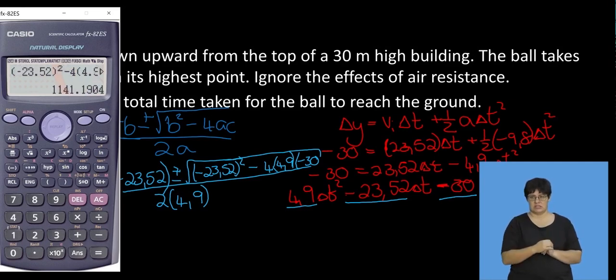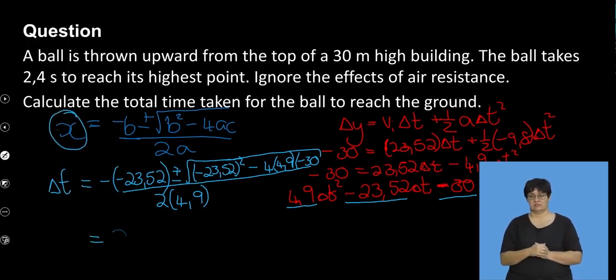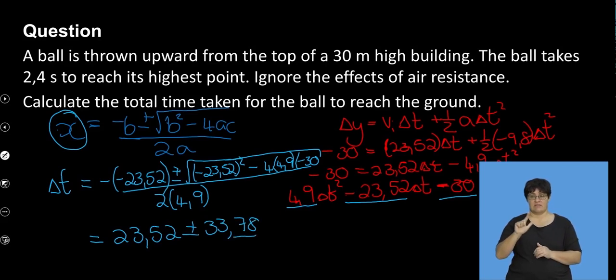And I've got 1,141. It's a positive number, and I'm actually going to take the square root of this straight away because of space. I take the square root of that answer, and I get 33,78. So this has become 23,52 plus or minus 33,78 divided by, and 2 times 4,9 is 9,8.